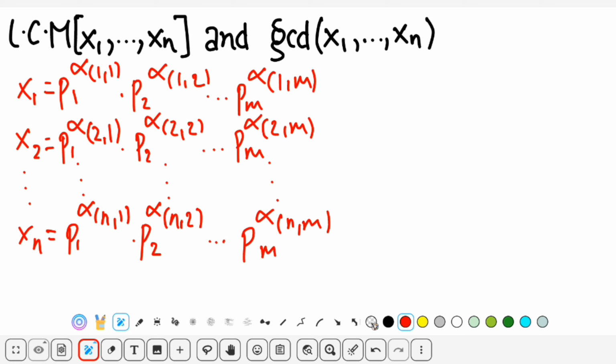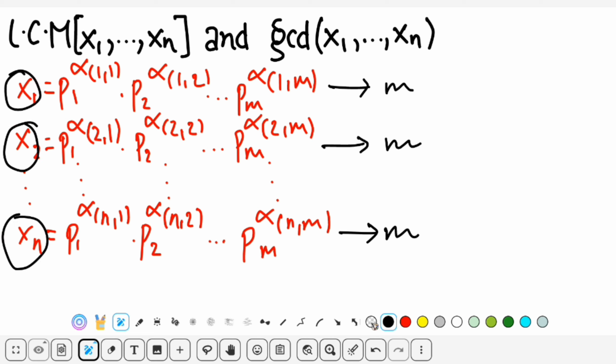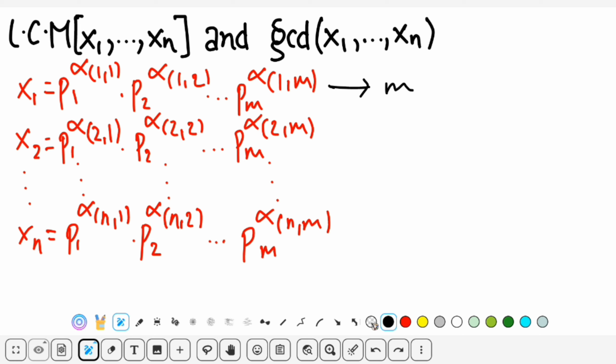So there are m powers of x1 here, m powers of x2 here, and m powers of xn here, and there are a total of n variables. So the total number of powers will be m times n by simple counting. So we can represent all the m times n powers in this way.